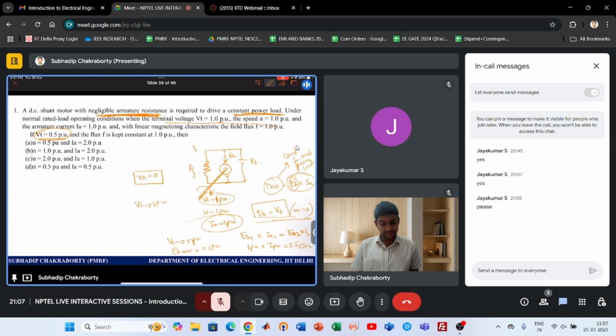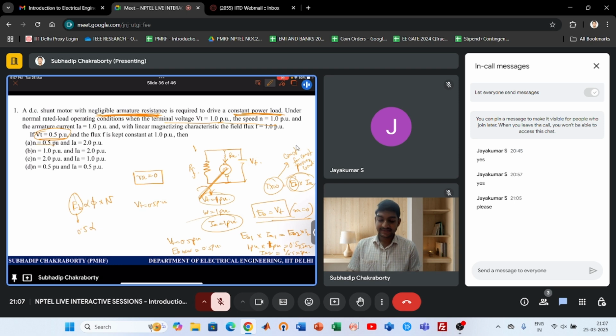And what is the new current? IA2 is 1 by 0.5, or 2 per unit. And what happened to the speed? Speed: EB is proportional to phi into N or omega, whatever you call it. Now EB became 0.5.